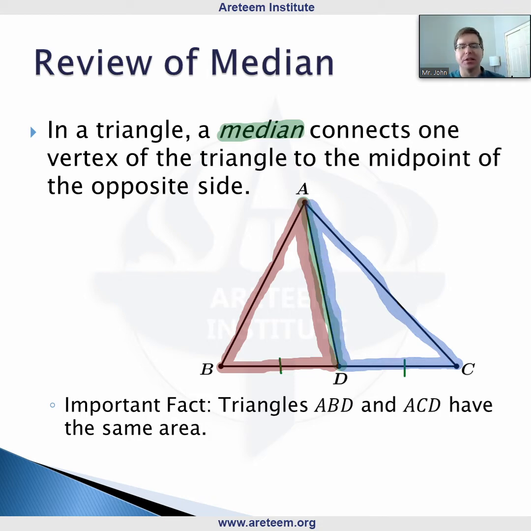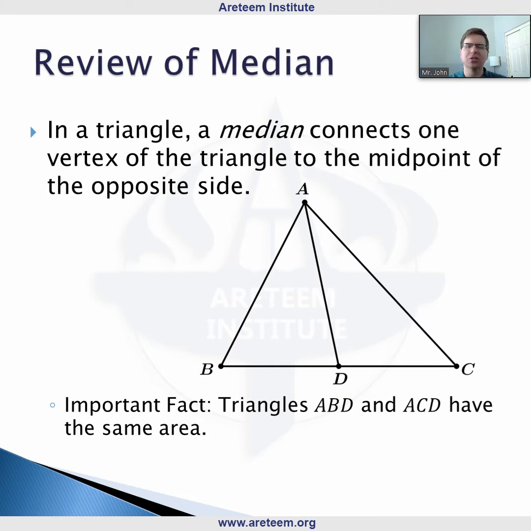They both share the same height, so their areas are proportional to their bases, but since we have a midpoint, we have the same area in both cases. So this one's a pretty straightforward fact, but it's going to come up a lot when we do the properties of a centroid on the next couple of slides.